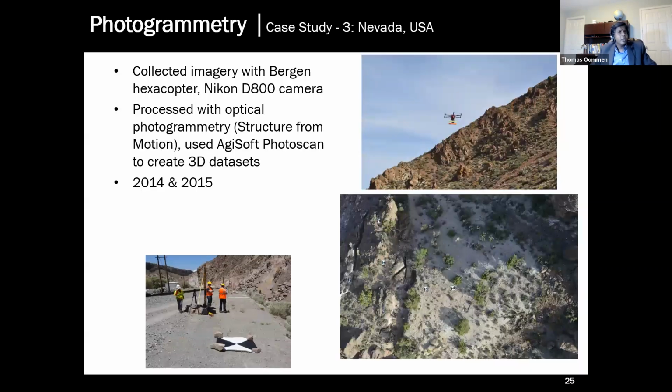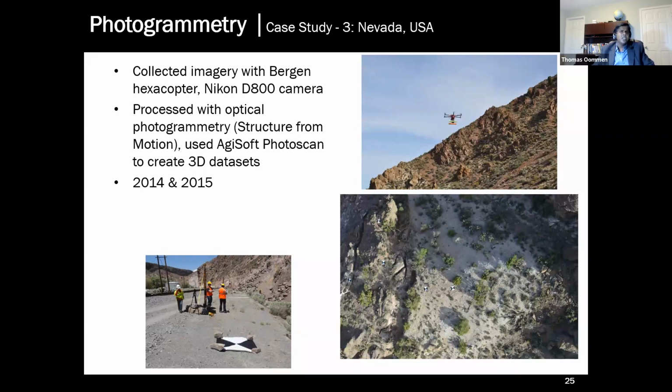Let me also quickly show you some examples of other technologies that can be used. One is photogrammetry. Traditionally, if you had to develop a 3D model of an area, the traditional choice of instrument was a LiDAR. The LiDAR can be pretty costly.